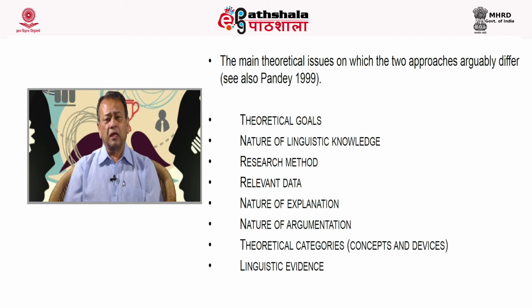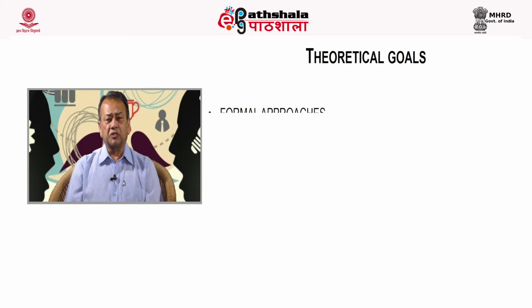For example, in generative grammar, take a look at the sentences in 2 and 3. The sentences in 2 are fairly similar in structure. The cycle was found by the police. The cycle was found by the road. And the third set, the police found the cycle, the cycle was found by the police.